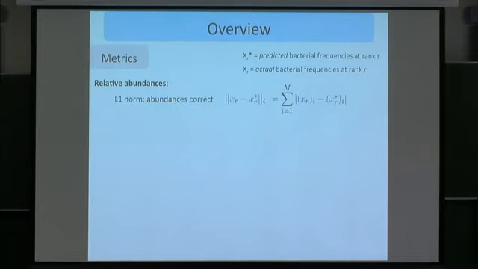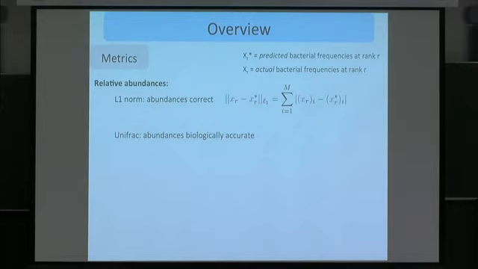So the metric that says, do you get your raw abundances correct, is the L1 norm. It's basically just the total error between the prediction and the ground truth. And you want to use L1 norm and not L2 so that you don't have larger or smaller bins contributing more or less.